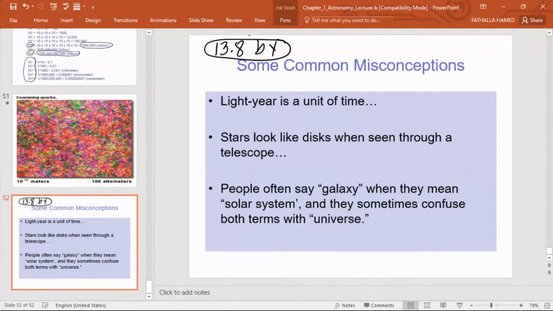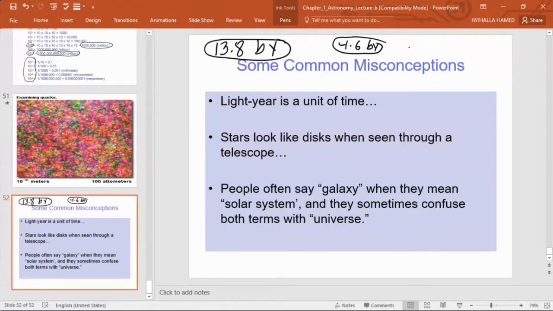That's how old our universe is, that means from the initial point of the Big Bang. Now, our solar system is 4.6 billion years. So it took a very long time before our solar system came into existence. And so the Earth is about 4.6 billion years.